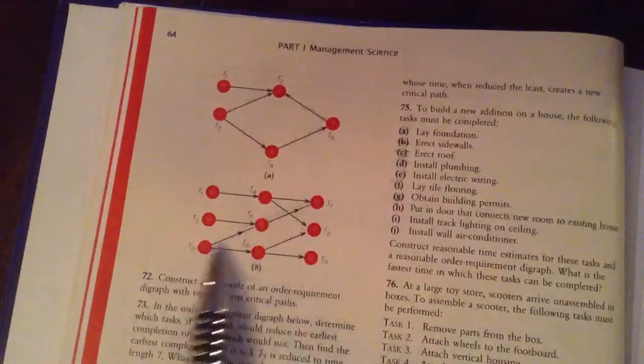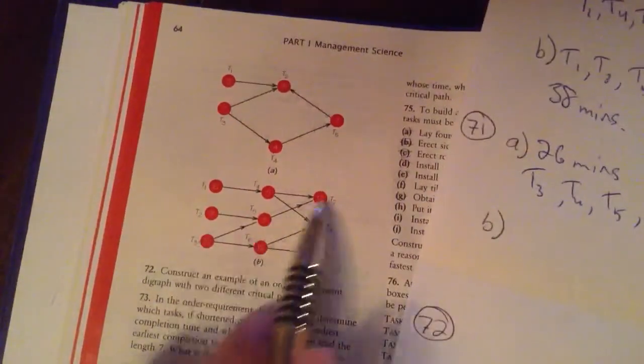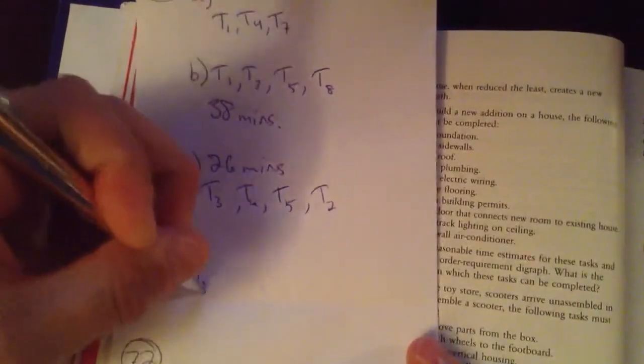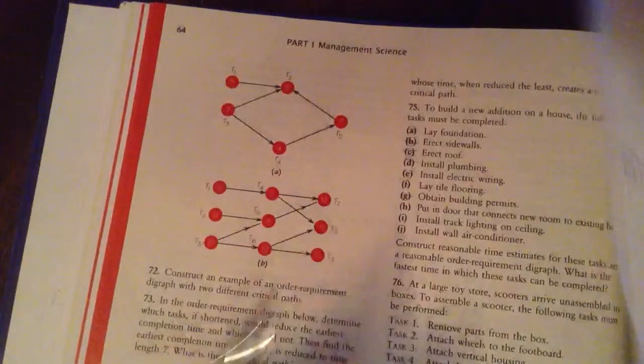Going up diagonally here, giving us 30, is going to be the critical path. So T3, T5, T7. And it has a weight of 30 minutes.